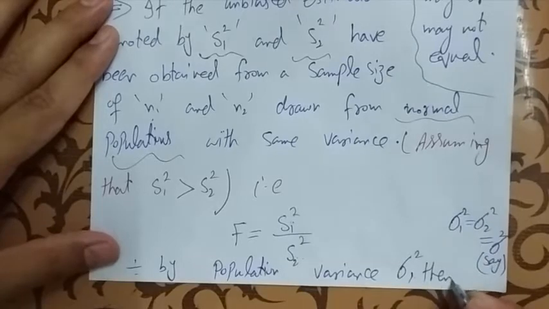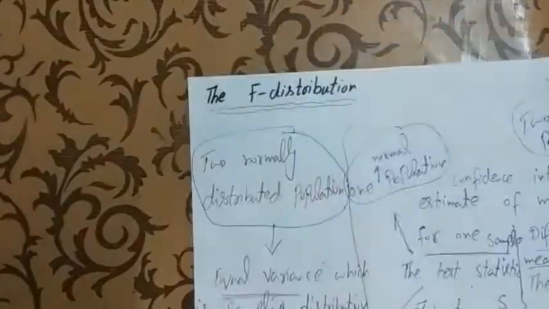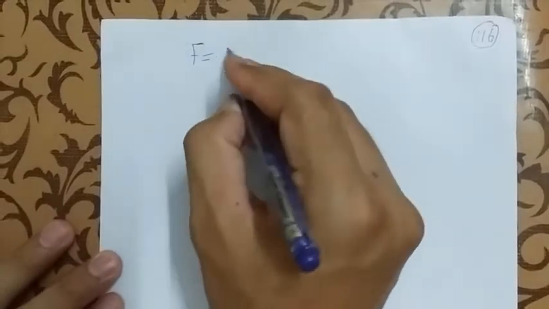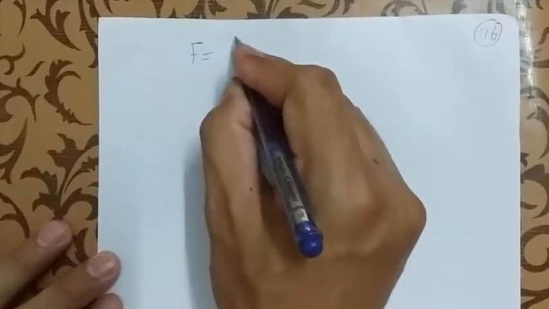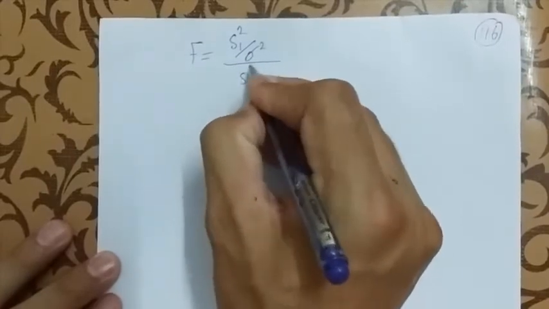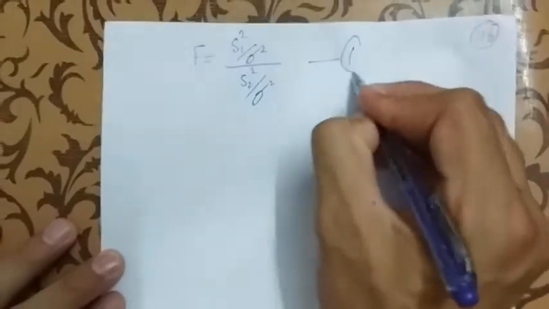Then F is equal to S1 square over sigma square divided by S2 square over sigma square. Say this is equation number 1.